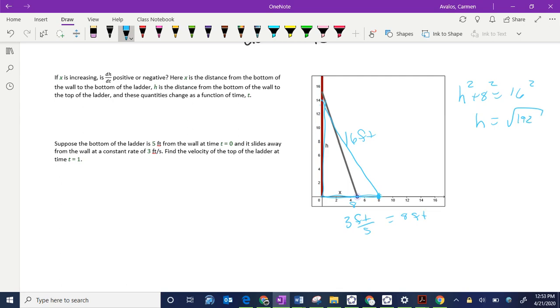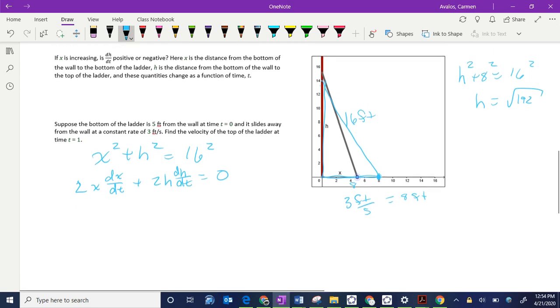So now we know what h is, and so we're going to be able to follow this along and have the same thing. x squared plus h squared is equal to 16 squared. And so we're going to take the derivative. So it's going to be 2x dx/dt plus 2h dh/dt is equal to 0.